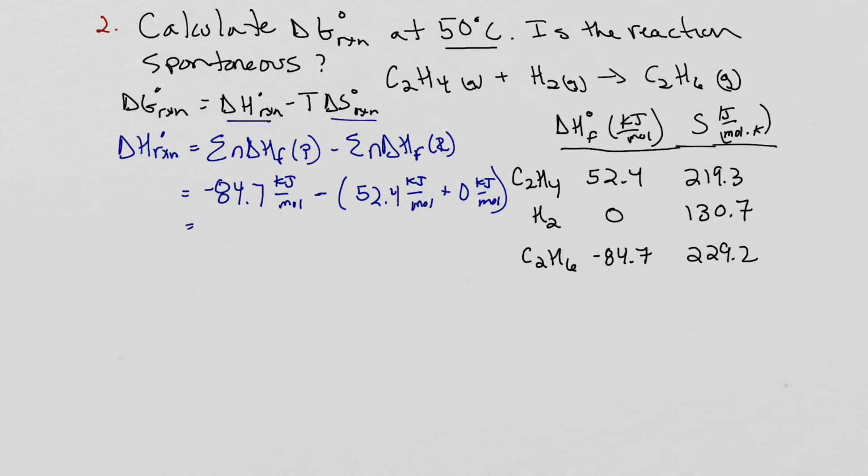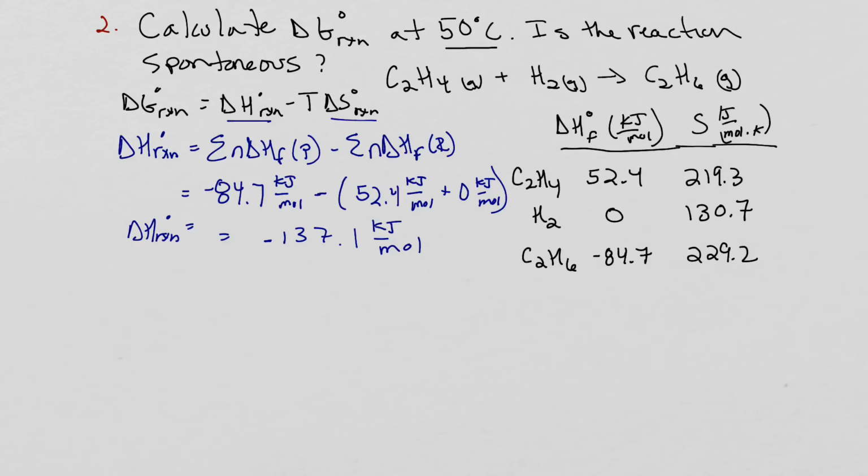So if we do our math, our delta H of reaction ends up giving me a value of minus 137.1 kilojoules per mole.